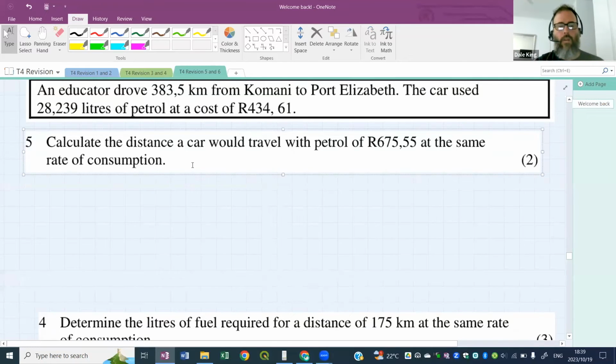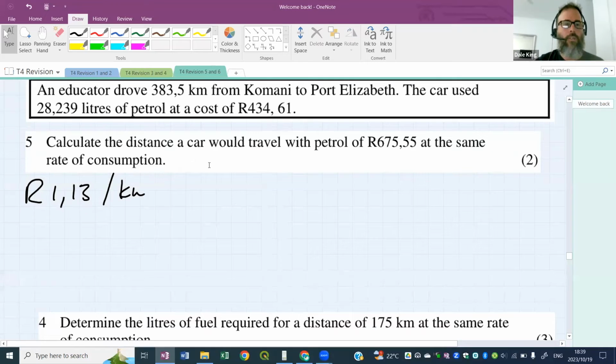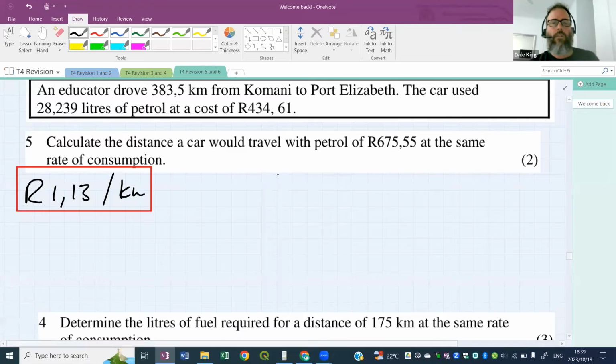I'll stick it up here. There it is. We got a rand per kilometer rate. Come on, guys. I hope they give you these kind of questions. That comes from question 3. Calculate the distance a car would travel with this many rands worth of petrol if it's still using the same rate.